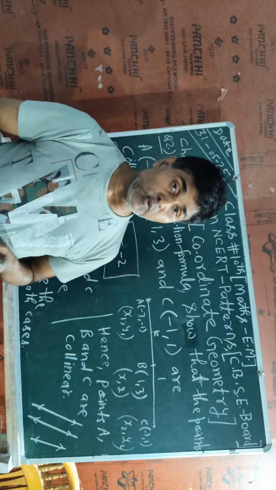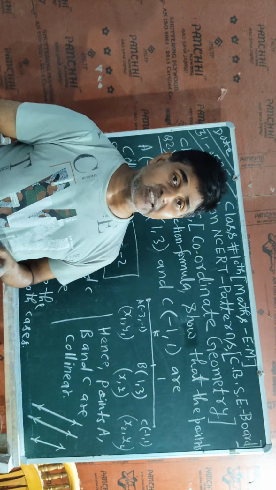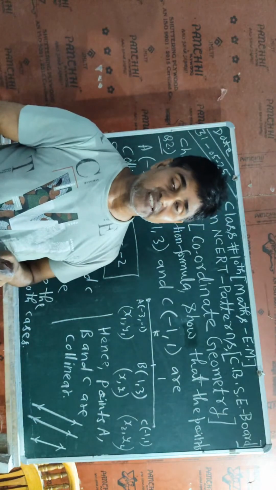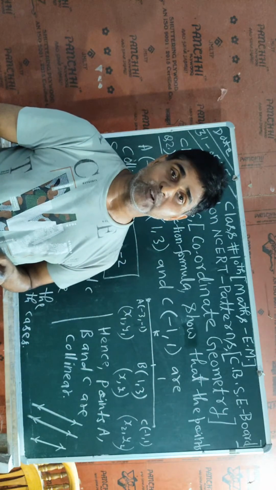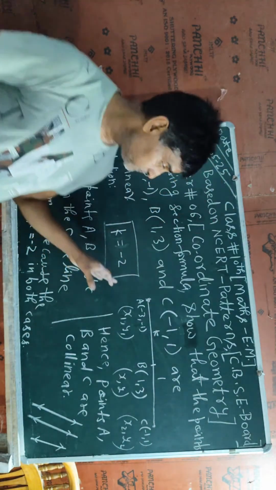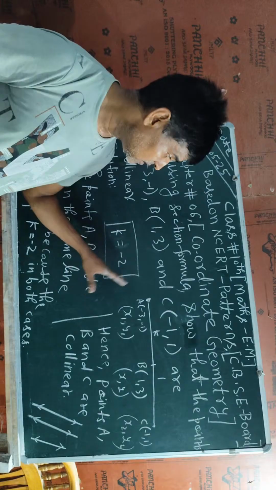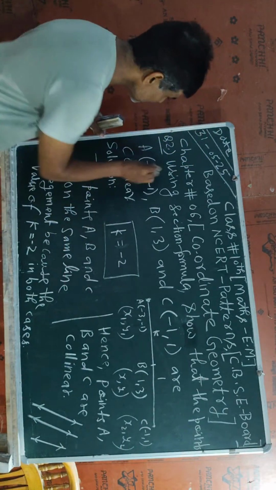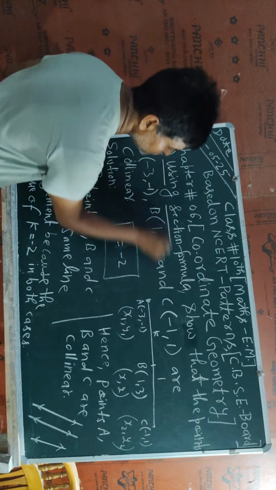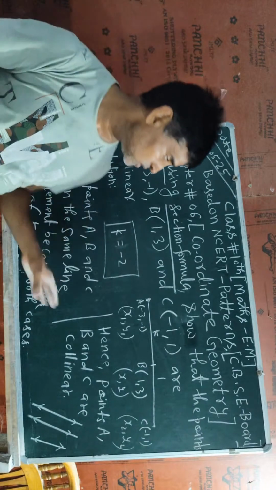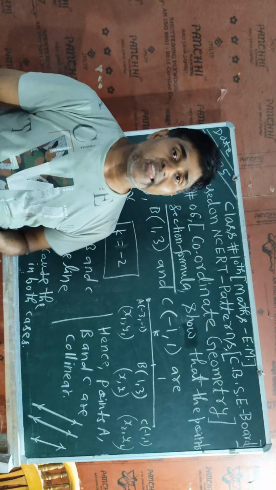In technical words, I will say that both lines lie on the same line segment. So in this way I will prove it. So this is the solution which is asked in the question, because the question already says you have to use the section formula to get its solution. You have to show that these 3 points lie on a straight line.